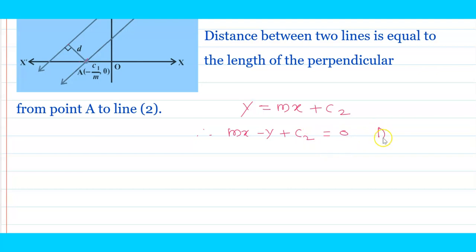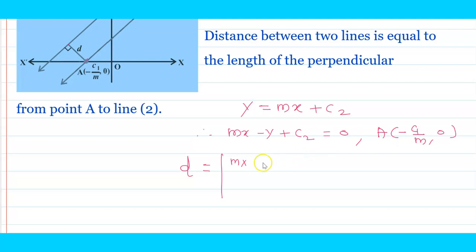Point A has coordinates (-c1/m, 0). Now the distance of this point A from this line: replace x by -c1/m and y by 0. Therefore, that distance d is equal to, okay, this is the m.